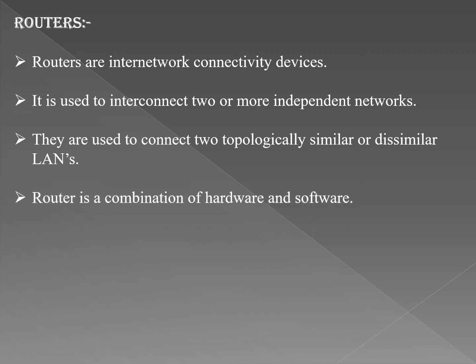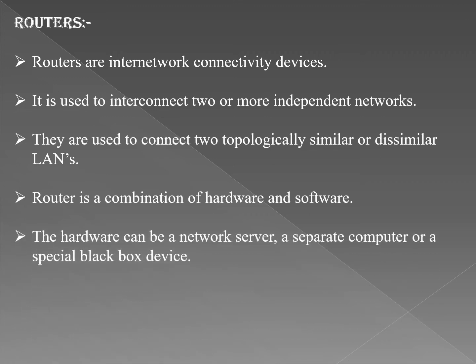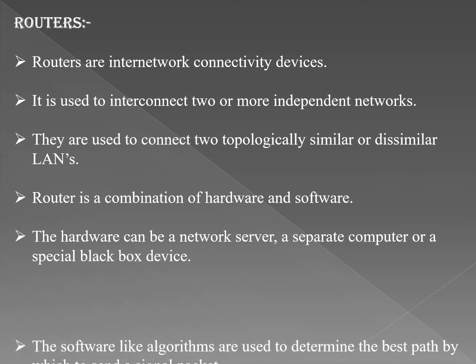A router is a combination of hardware and software. As we discussed, a router is a combo of hardware and software. What is the hardware? The physical device. And what is the software? The algorithms they follow in order to transfer the data. The hardware can be a network server, a separate computer or a special black box device which is used for routing the data.